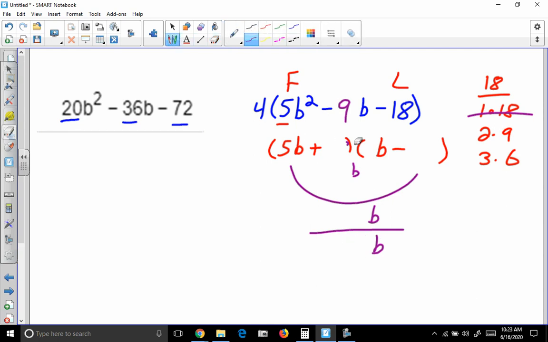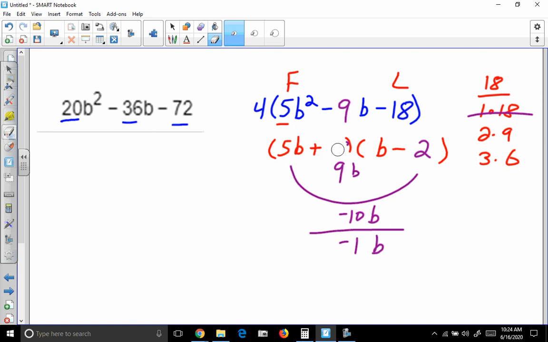If we try the 2 and the 9, if we put the 9 here, notice that's going to be multiplied times 5. So let's try to put the 2 here and the 9 here. 9 times b is 9b. 5 times negative 2 is negative 10. Opposite signs we subtract, take the sign of the bigger. Well, that doesn't make the 9 we need in the middle.